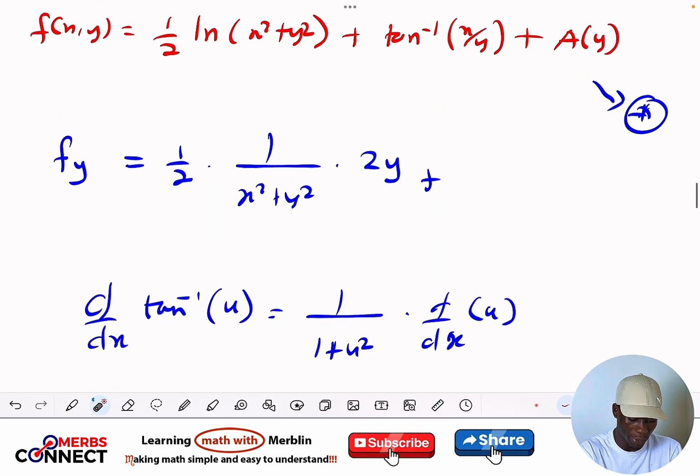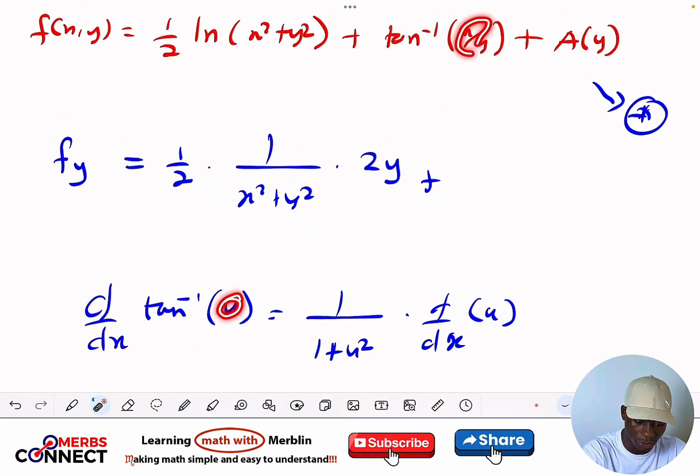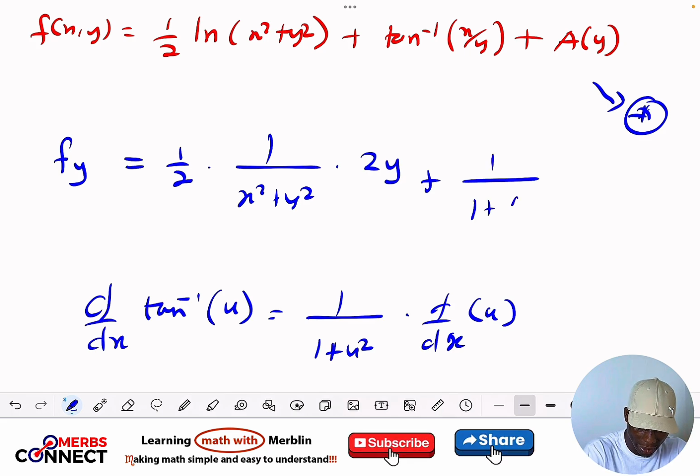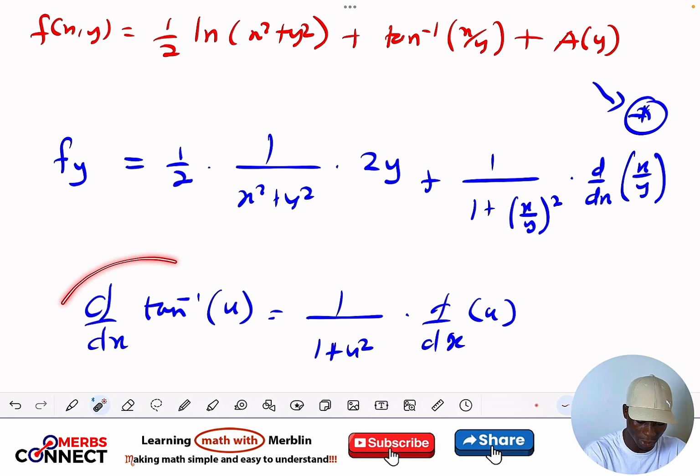So here, when you compare this, we can see that our u is now equal to x over y. So when I'm doing substitution, this is going to give us something like this: 1 divided by 1 plus (x over y) squared times, then I need to differentiate what is inside the parenthesis, which is x over y. So this is how it's going to be.